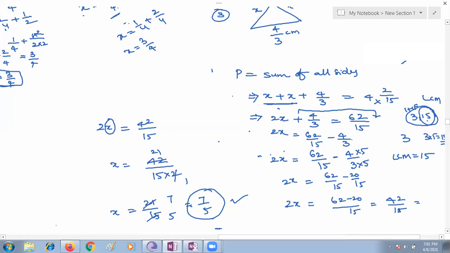Ma'am, can we write it as 1 2 by 5 centimeters? Yes, because it is an improper fraction, you can always convert it into a mixed number also. Good. You see the option part: when your option is improper, you can keep it as it is. If mixed fractions are also given, sometimes they will ask both.